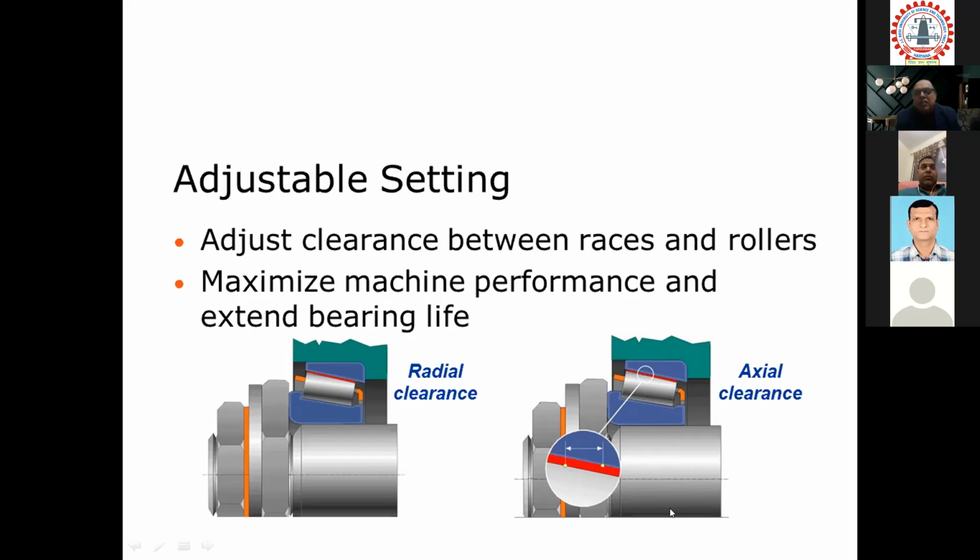Whenever you are running, the housing is a bigger section, so there will be more heat dissipation. Typically there will be a 10 to 15 degree temperature variance between shaft and housing in running condition, and that will also cause loss of clearance. So the designer calculates everything backwards, and then defines how much clearance you need at the time of fitment.